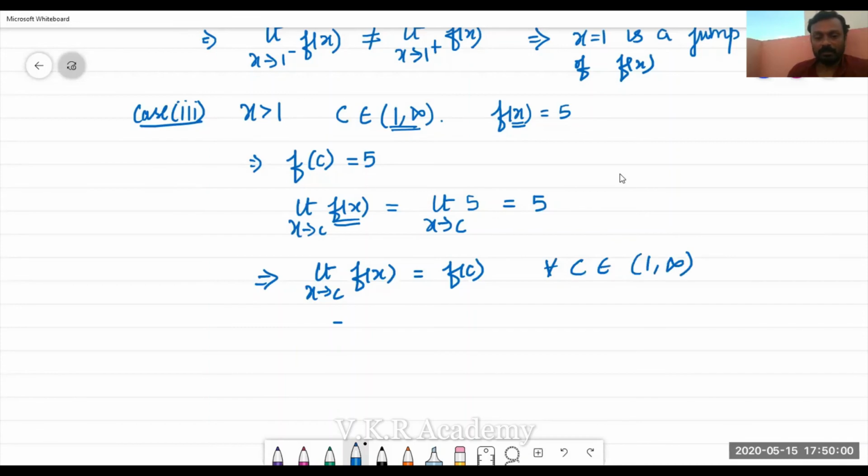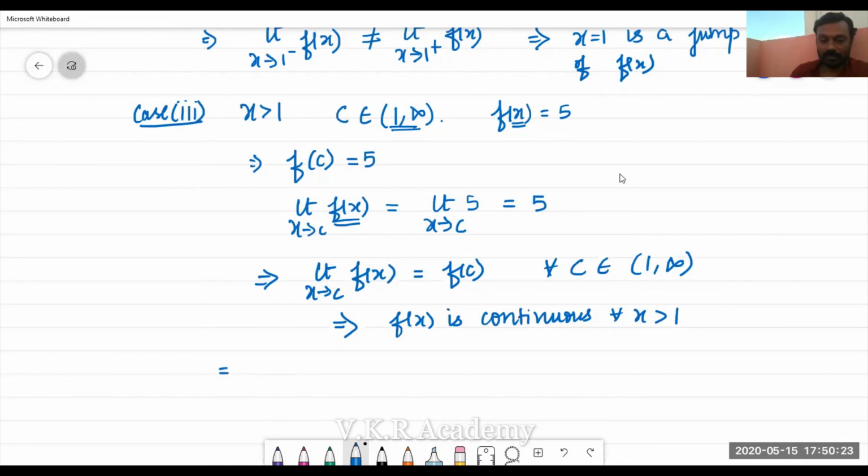So f of x is continuous for all x greater than 1. So we have only one point of discontinuity, that is at x is equal to 1.